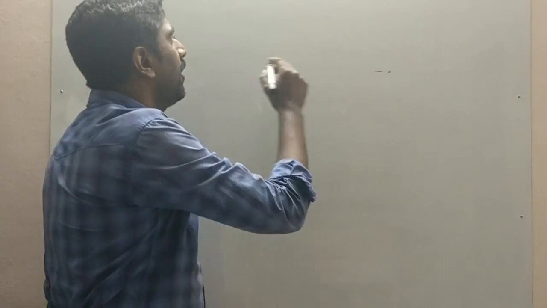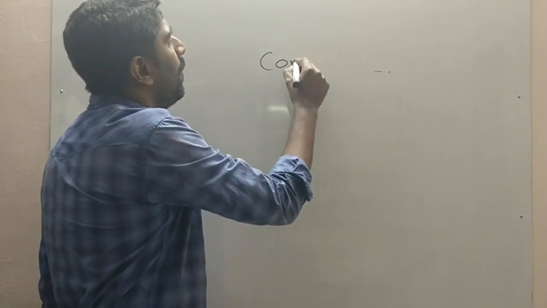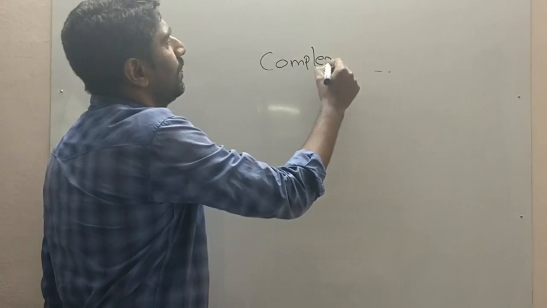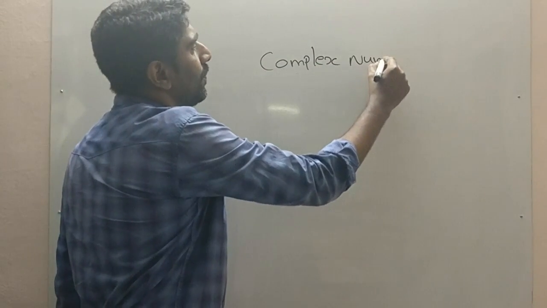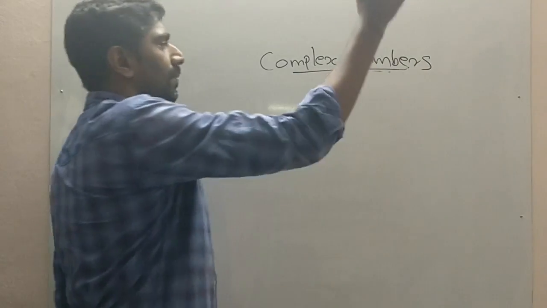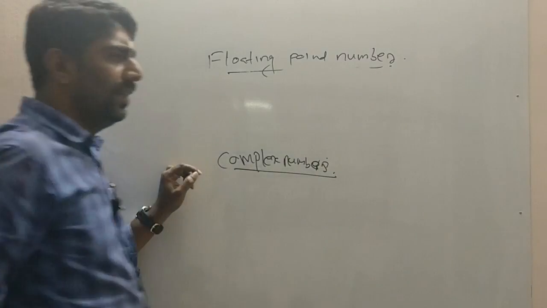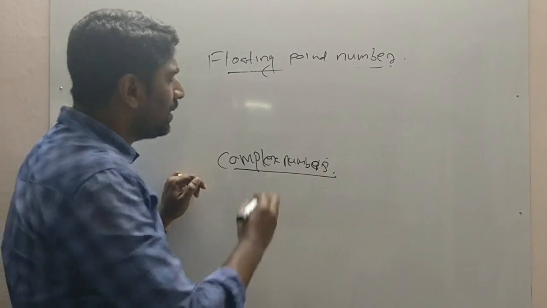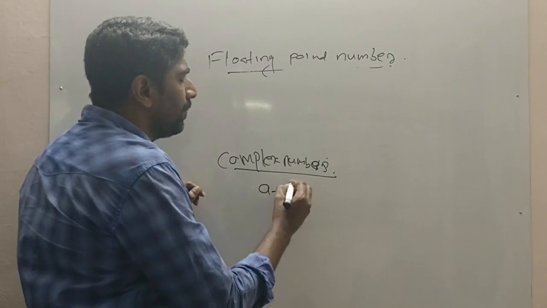Next, we are going to discuss complex numbers. We can write a number in the form of a plus ib.